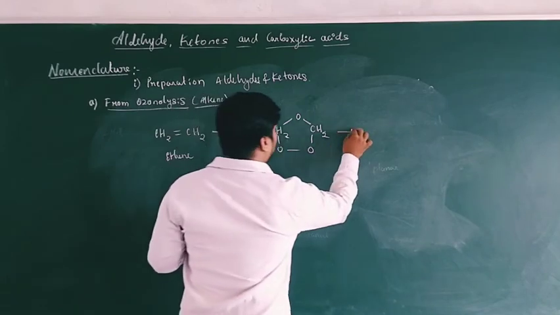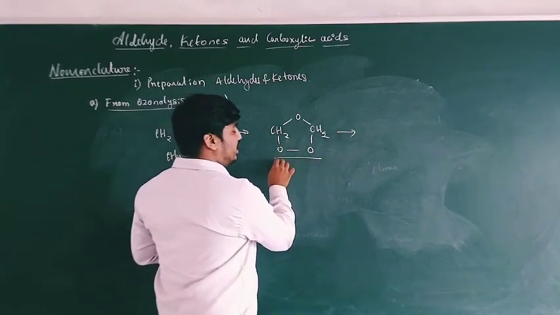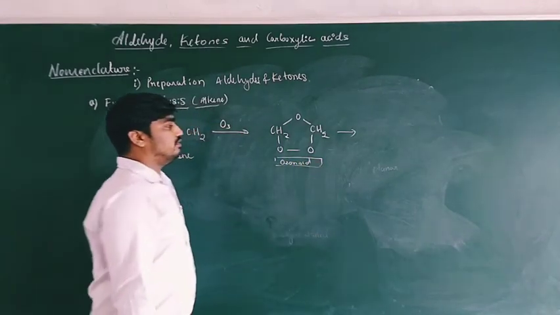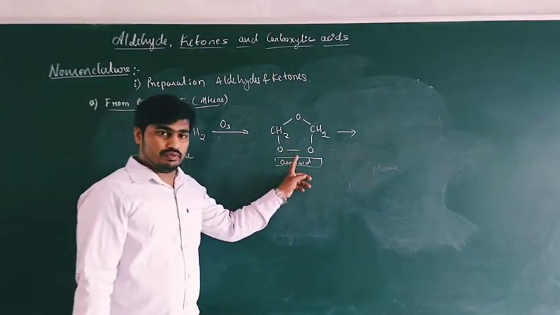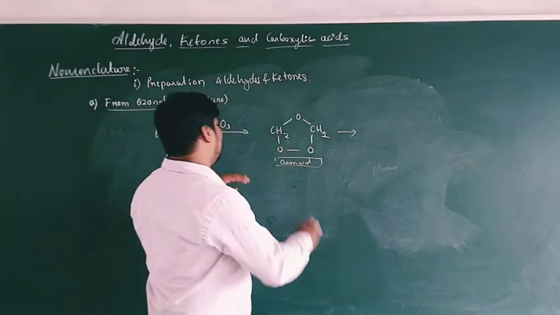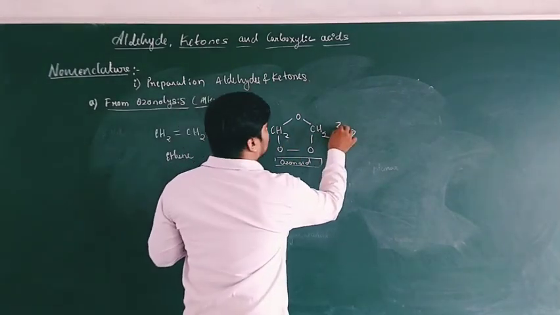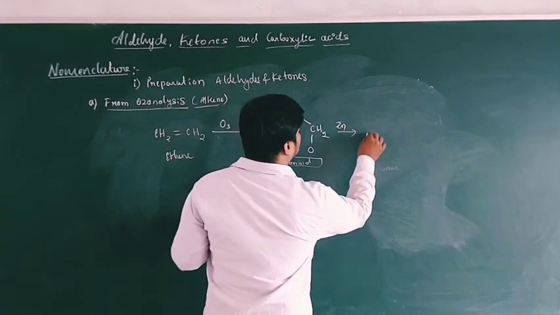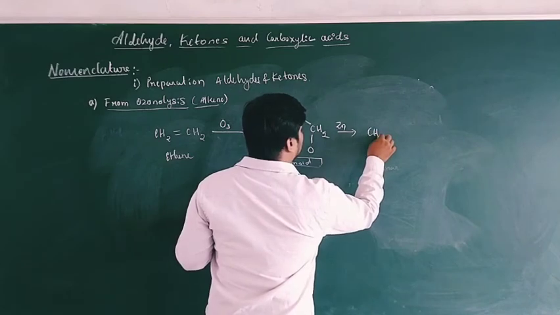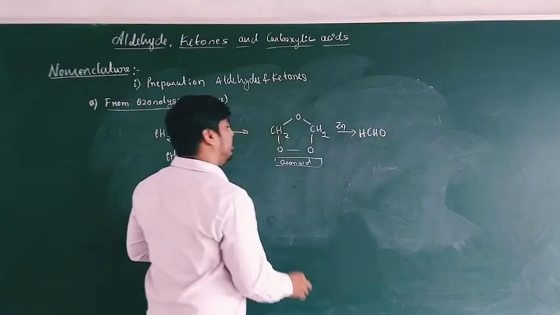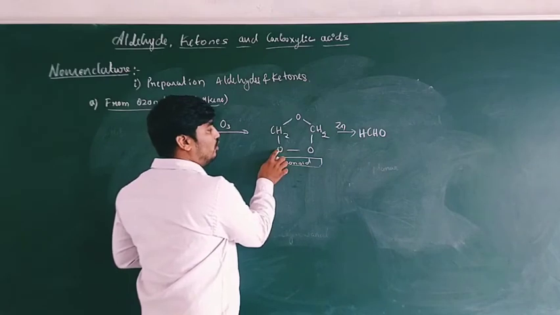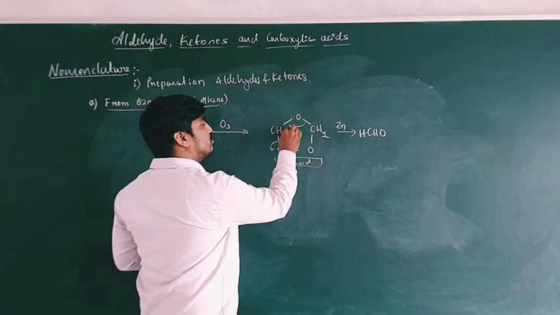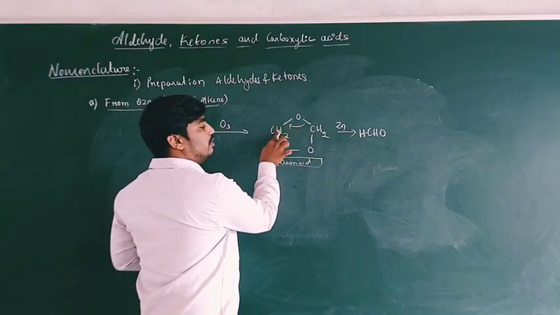So an intermediate is formed; this is nothing but the ozonoid. Next, in the presence of zinc, a reducing agent, it gives CH2O from this carbon. How? This bond undergoes cleavage, and this becomes a CH2=O double bond.